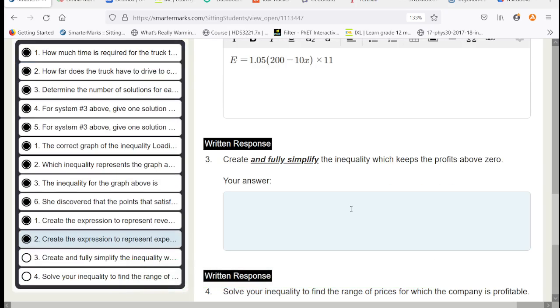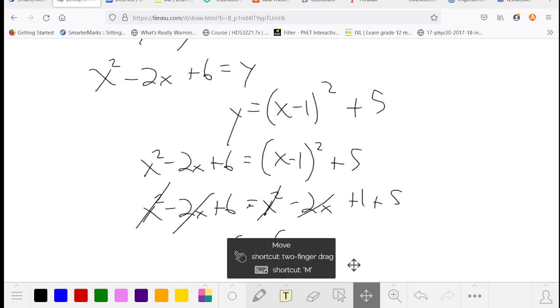So to create and fully simplify the inequality, which keeps the profits above 0. Okay, so our profit is not equal to 0, it's above 0. So the revenue minus expenses is above 0.